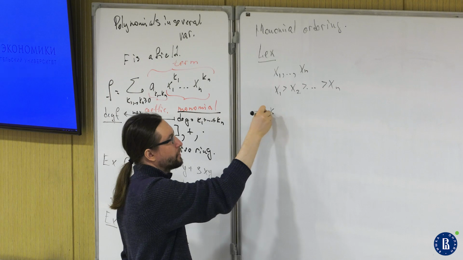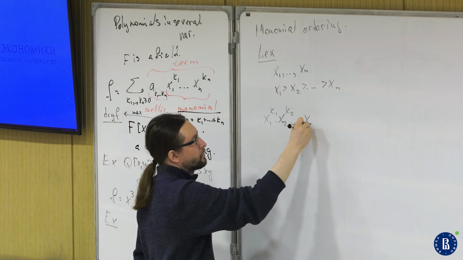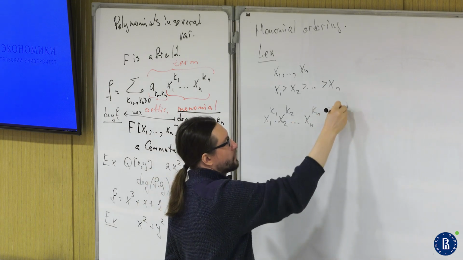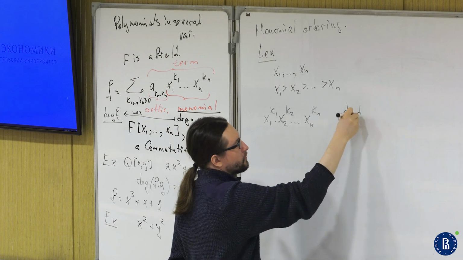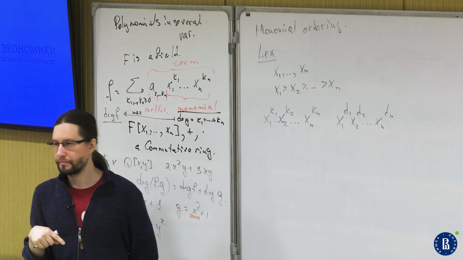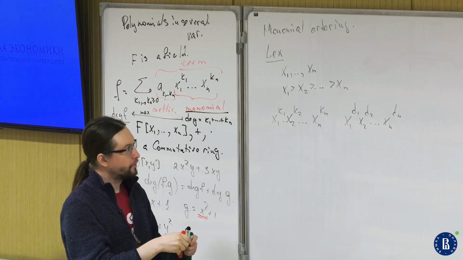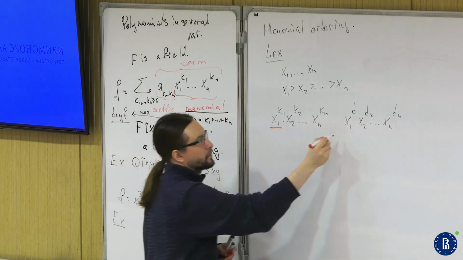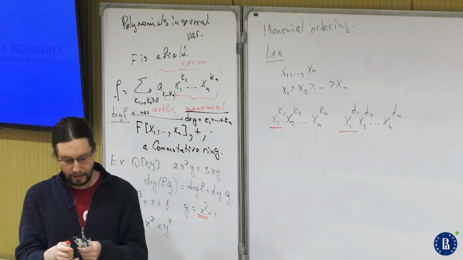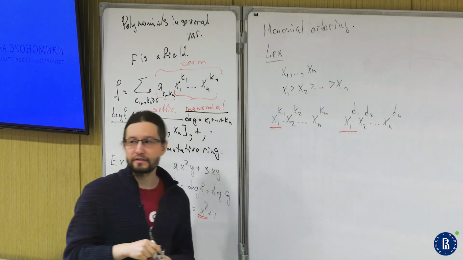Now, when the order of the variables is fixed, we can define lexicographical ordering for any two monomials. Let's say we have monomial 1 and monomial 2. Now we want to compare them using this information. So how do we compare them? First of all, we take a look at the highest variable, which is x1 in this case, and we compare the degrees of the highest variable.